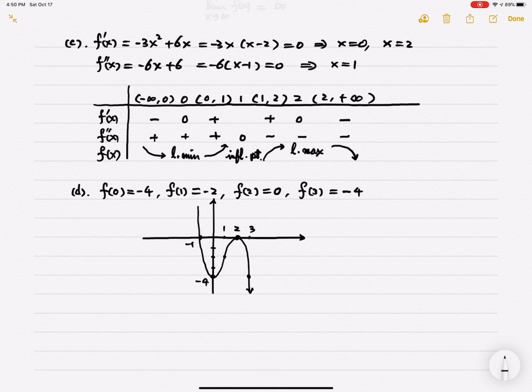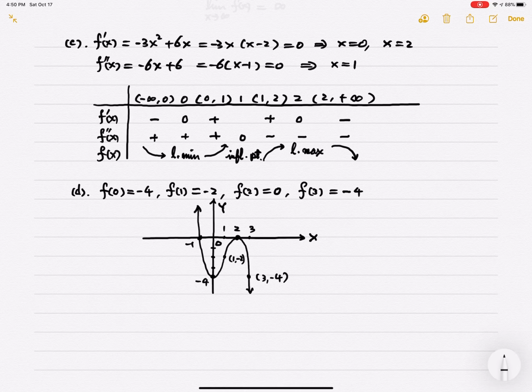Okay, so that's the graph. We have this is 1, negative 2, and then this is 3, negative 4. I think that's okay.